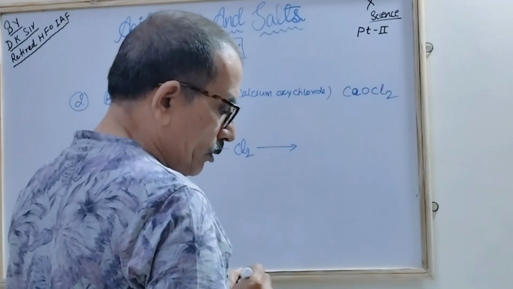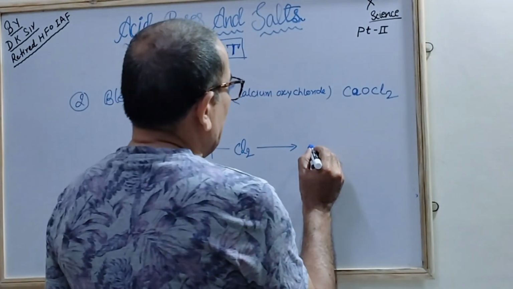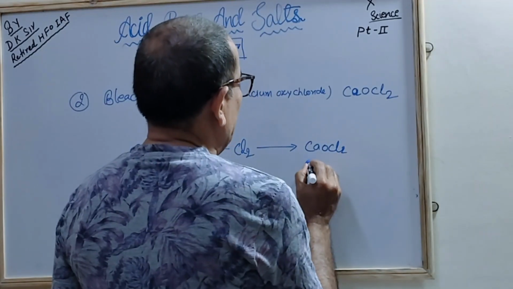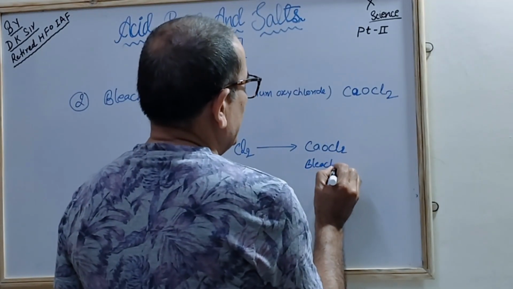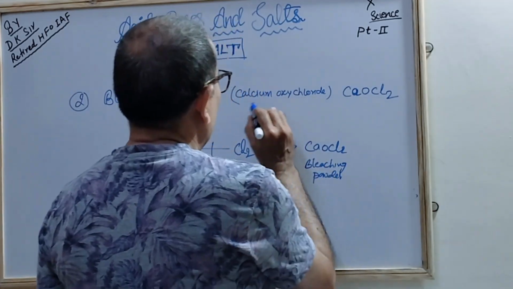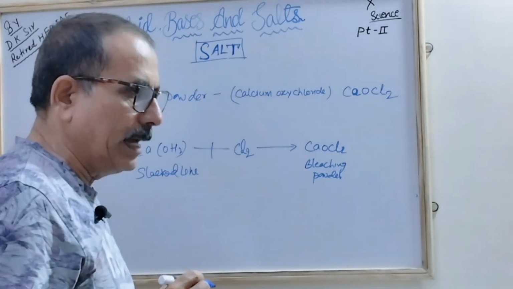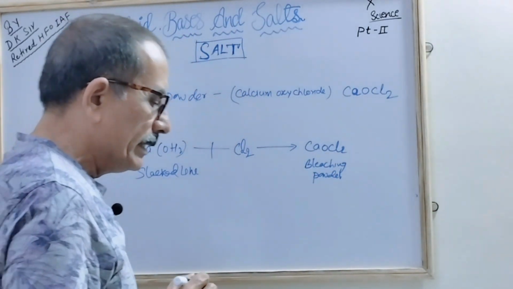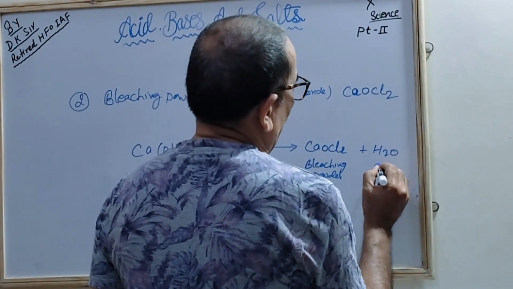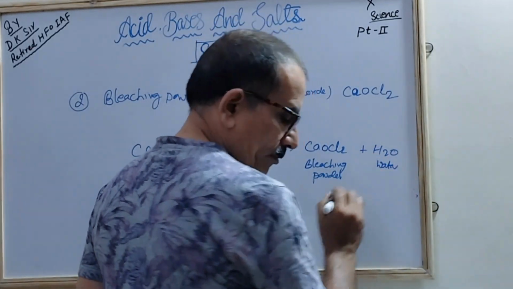Then what is going to happen? It is going to make the bleaching powder, CaOCl2. Bleaching powder is the commercial name, the chemical name is calcium oxychloride, the formula is CaOCl2, and H2O, water, will be formed.